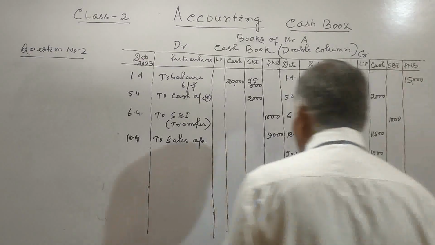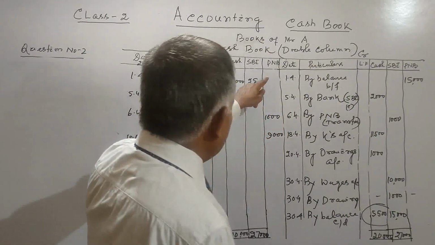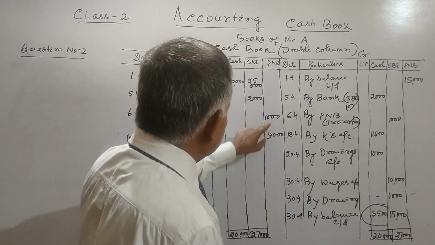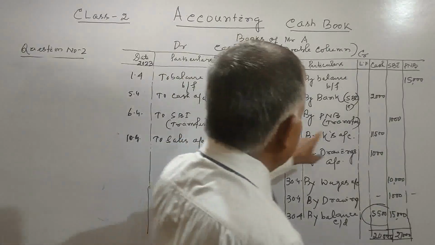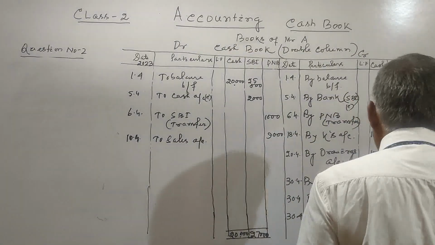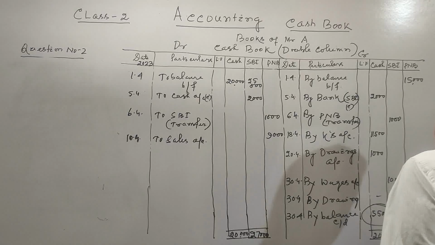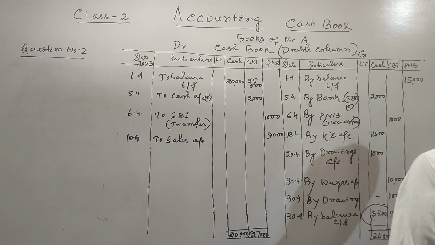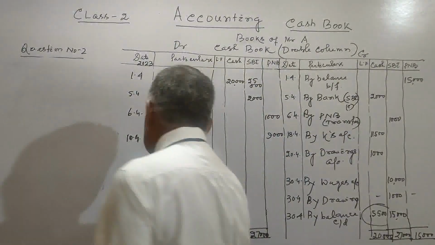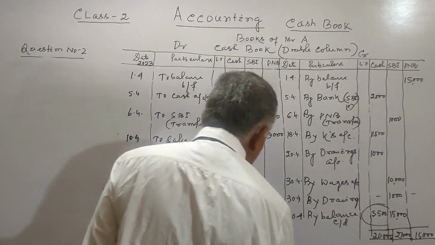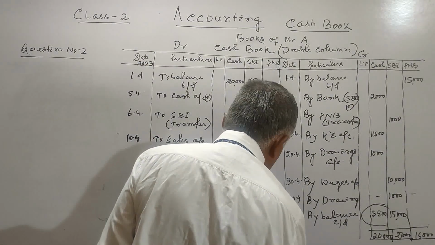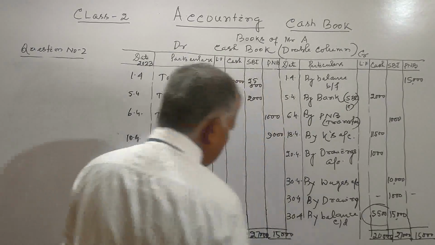Then we will come to your Punjab National Bank. Debit is only 10,000. Credit is 15,000. So credit is higher. You just write 15,000 here. Wherever higher, you please write that one. You write 15,000 here also. Okay.